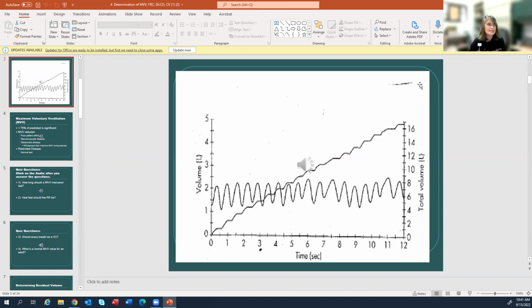It shows 16 liters. And since it's 12 seconds, we multiply by 60 over 12, or 5, to find out what the minute volume would be for a full minute. In this picture, 16 times 5 gave us 80. So the person is moving 80 liters a minute when they're doing this test.